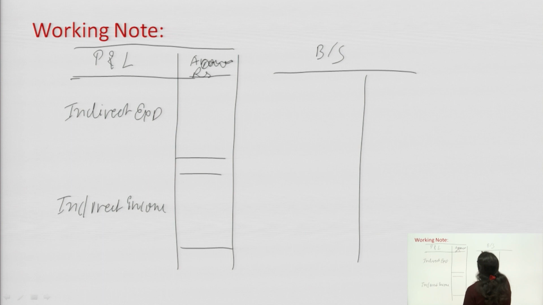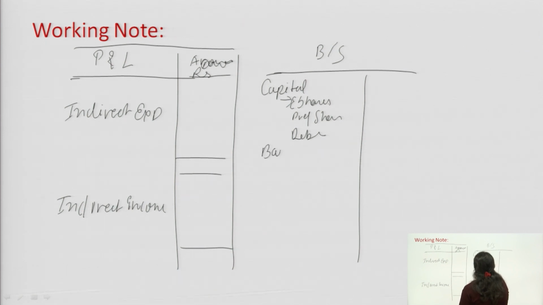Similarly, in the preparation of the balance sheet, capital is written here, like your shares, maybe equity, maybe preference shares, maybe debentures, bank loan, your current liabilities. If we talk about your assets, so fixed assets, I am just writing the heads, not in detail, and your current assets.